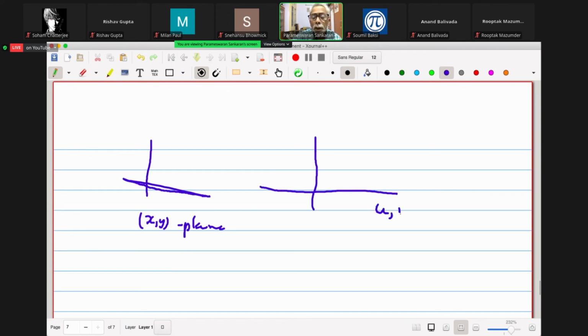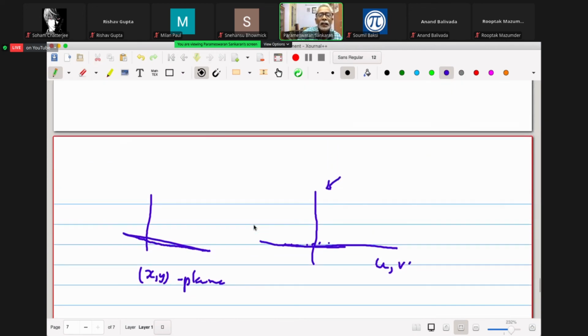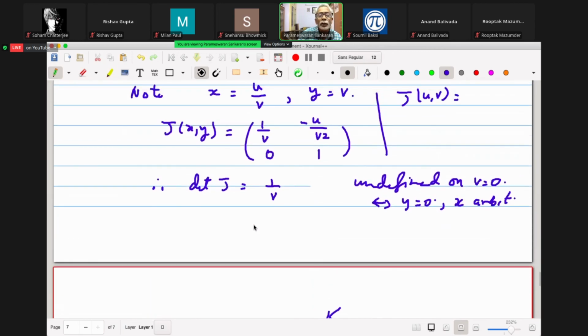On the uv plane, v equals 0 again corresponds to this. So it's only a small set, meaning it has measure equal to 0. So it doesn't contribute to probability. Having said all the right things, now it's just a routine matter.